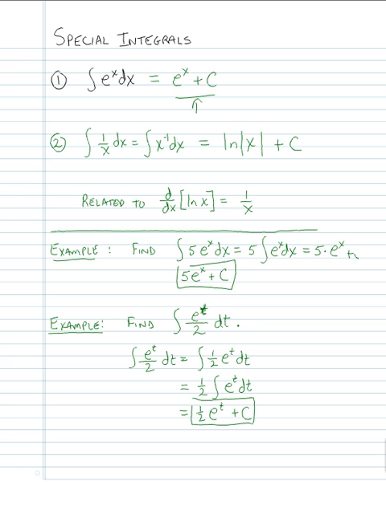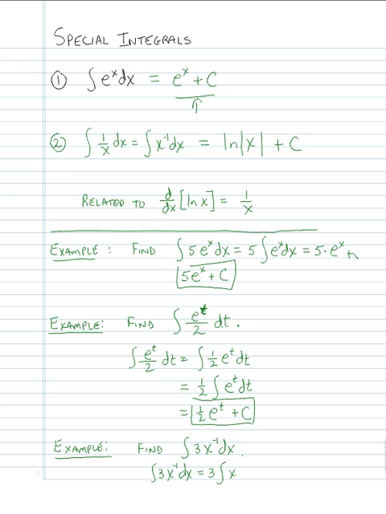Okay, our last example has to do with this 1 over x business. So for instance, suppose we were asked to find the integral of 3 times x to the negative 1 power with respect to x. Well, we recognize we've got a constant factor of 3, so that can be factored out to the outside of the integral, can't it?